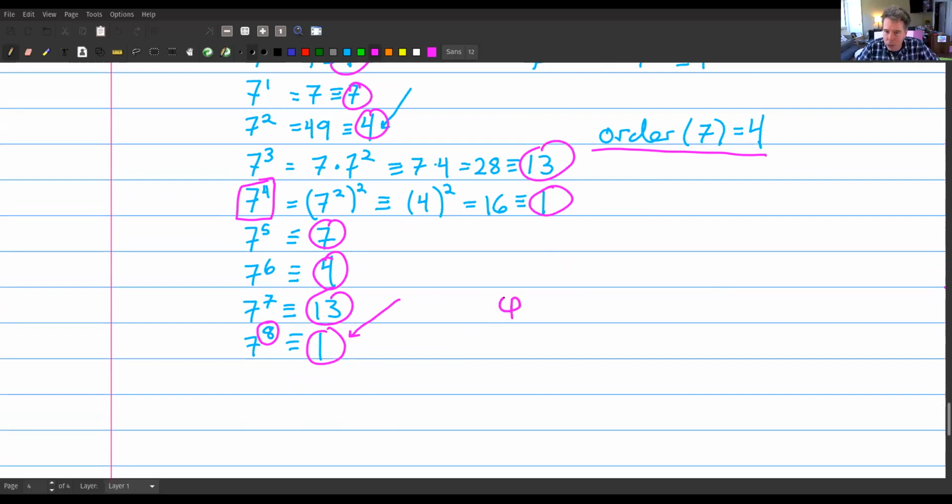Another way to say it is that phi of n is congruent to 0 mod k, where k is the order of any element.